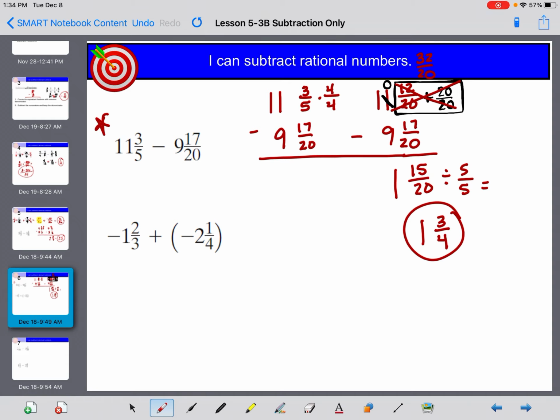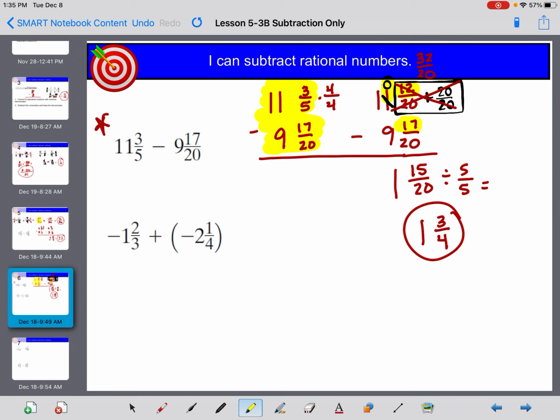I had 11 3/5 minus 9 17 twentieths. This is where I started. I created an equivalent fraction, and I renamed 11 3/5 to be 11 12 twentieths. When I went to subtract 12 minus 17, I couldn't do it. Don't call that 5. That's a mistake. 12 is on the top, and that's supposed to be the bigger number.